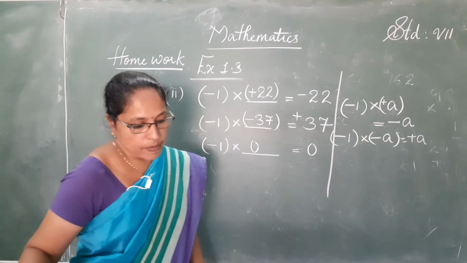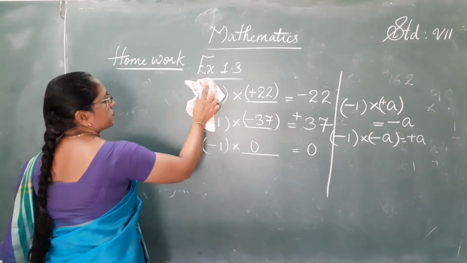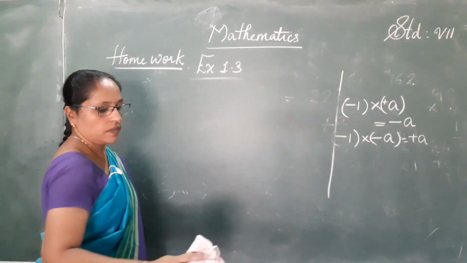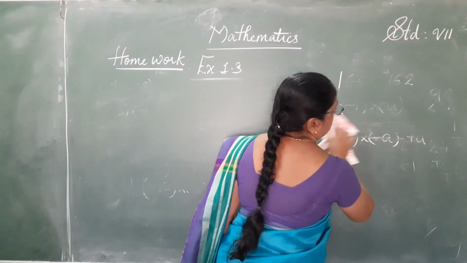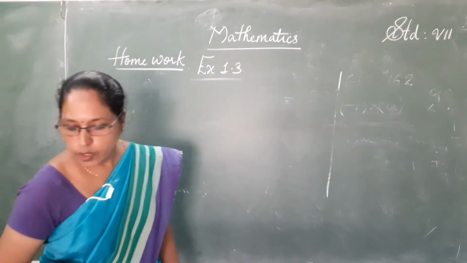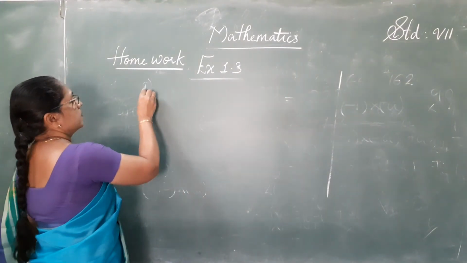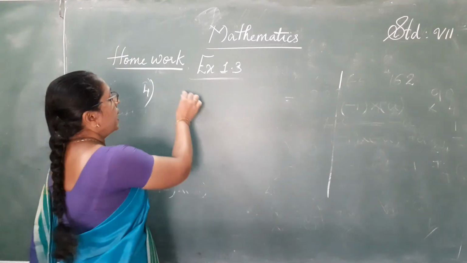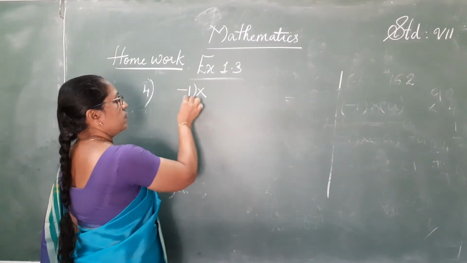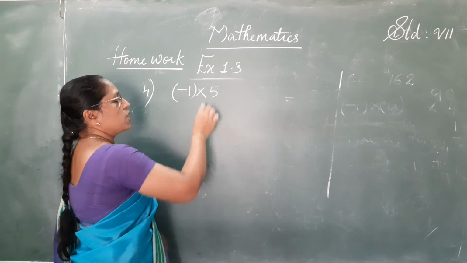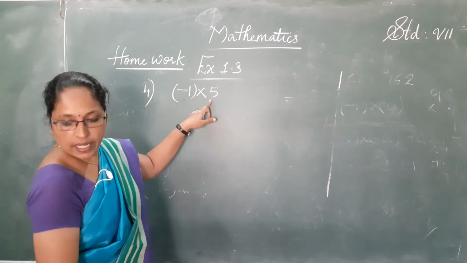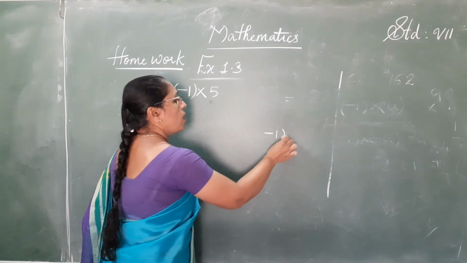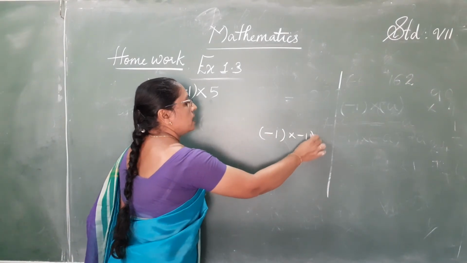Then comes the fourth part, the fourth question. Starting from negative 1 into 5, we have again the multiplication of negative 1 with 5. Coming down, show the pattern till negative 1 into negative 1.